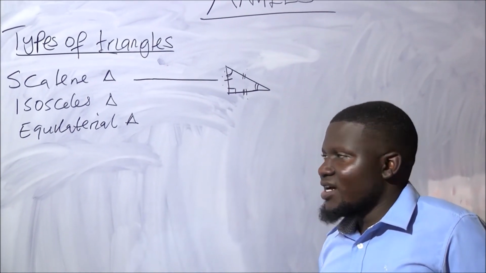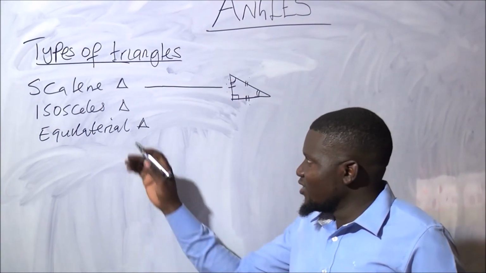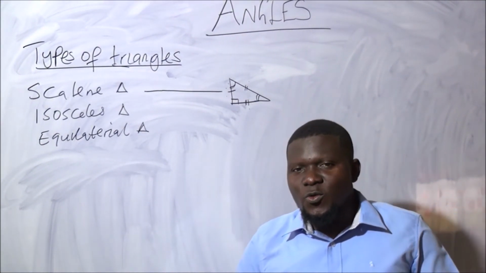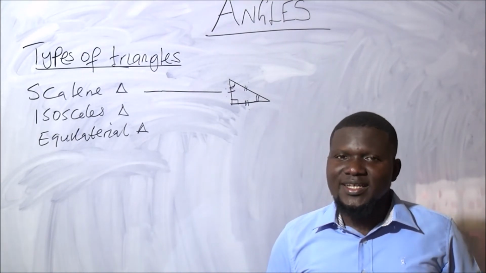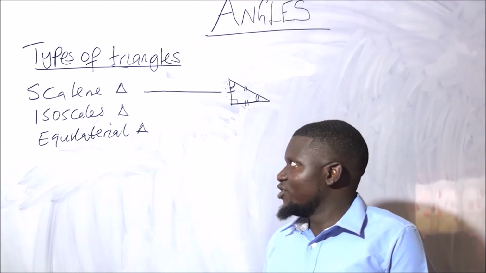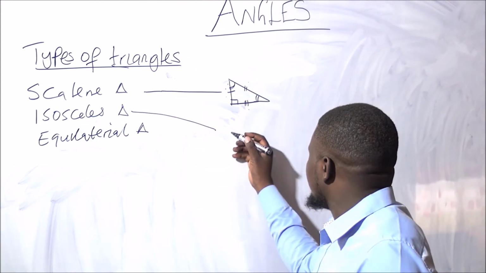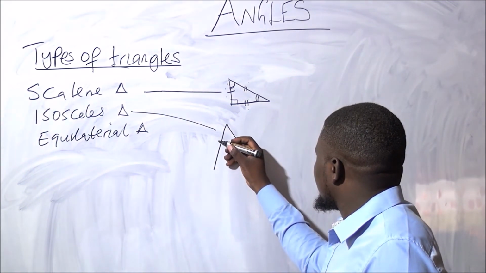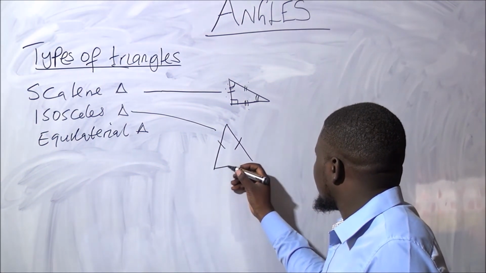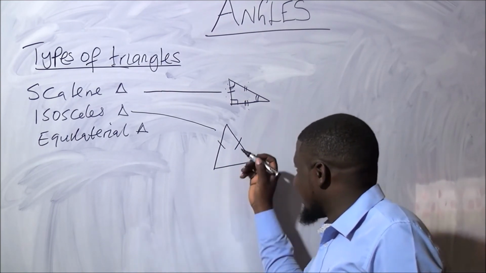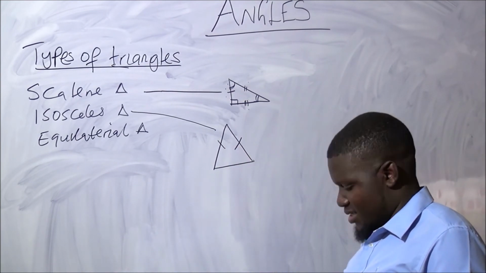Let's take a look at the isosceles triangle. An isosceles triangle is a triangle which has 2 sides equal to each other. What do I mean? Let's look at the shape. This simply means that the sides are equal to each other.